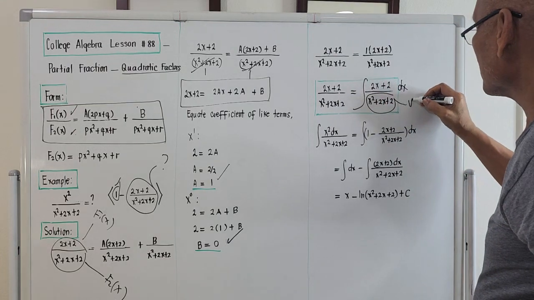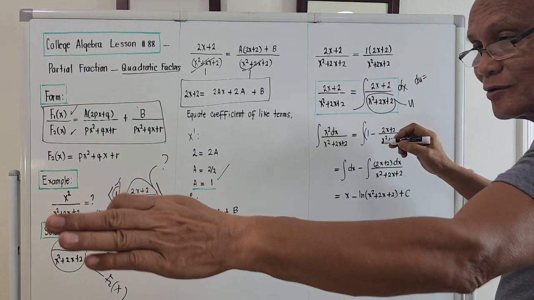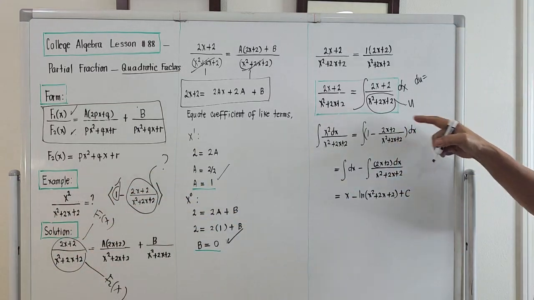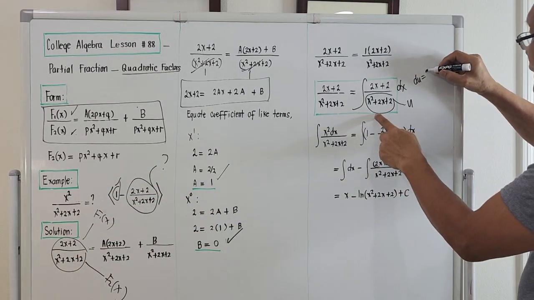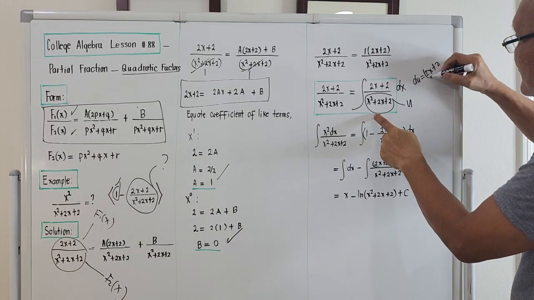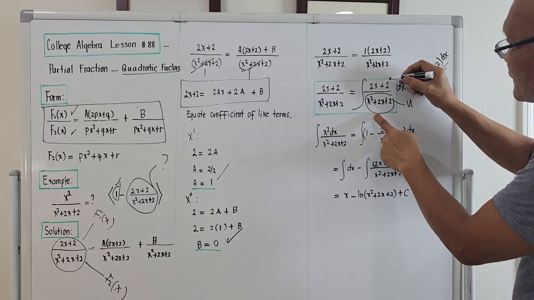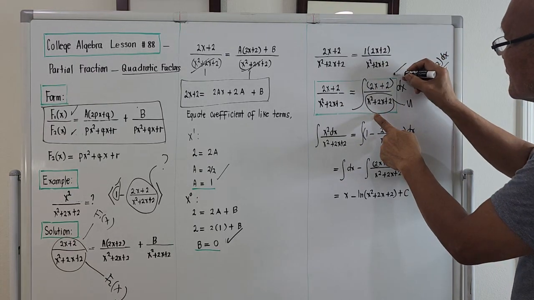This will be our u. So our du, this is now differential and integral calculus, du will be 2x plus 2 multiplied with dx. This one here is actually the exact product of this.